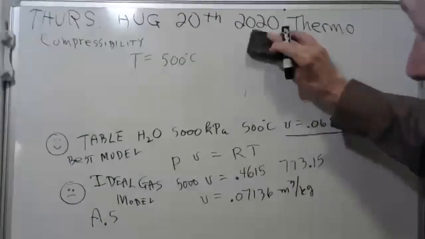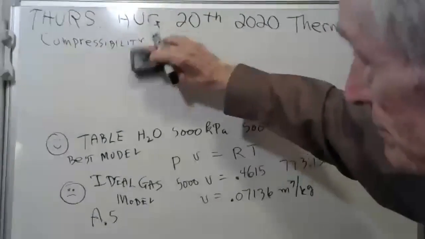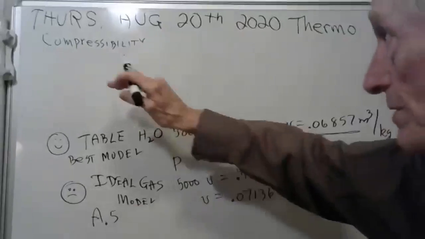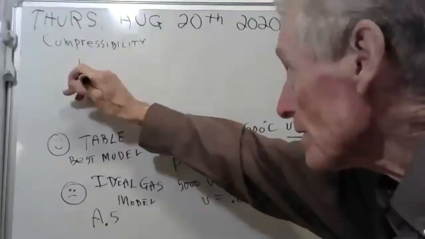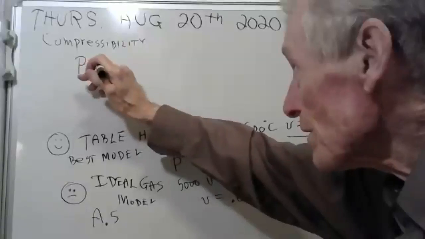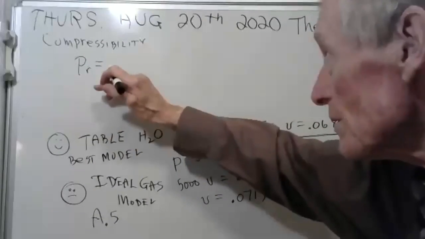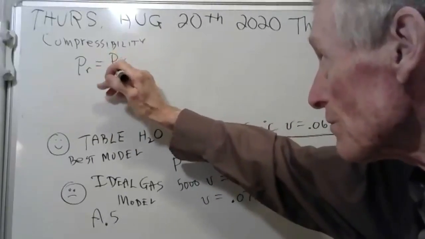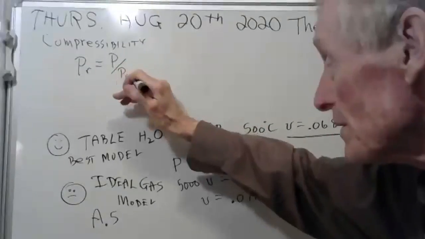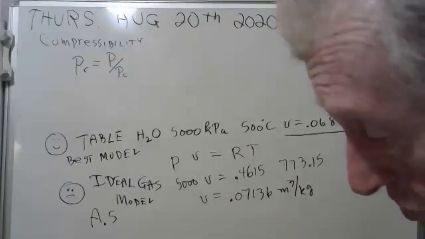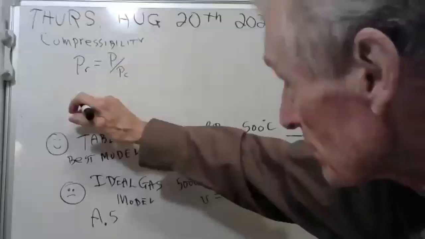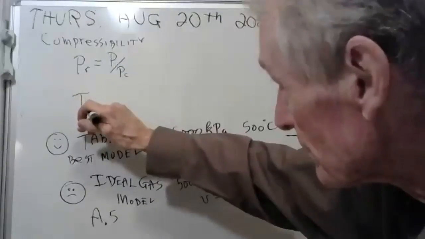Okay, here I need this room to show you. In order to find this, you have to find what they call the reduced pressure, which is your actual pressure over your critical pressure. I haven't explained that to you yet.